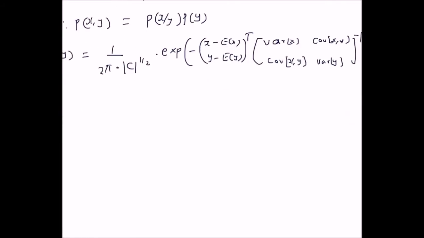We can actually derive the conditional mean by looking at the exponent of this distribution, which can be written as follows.